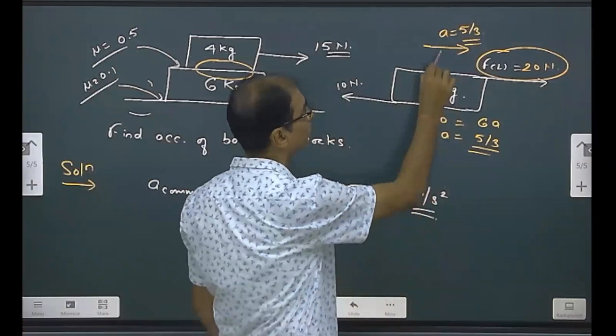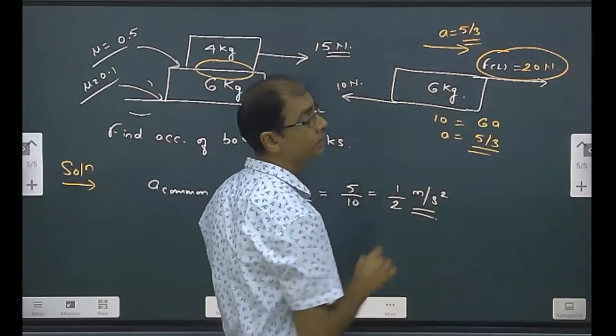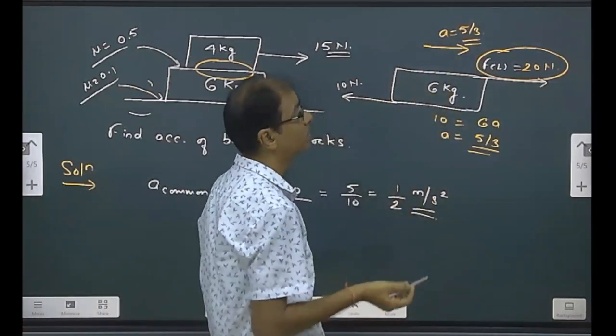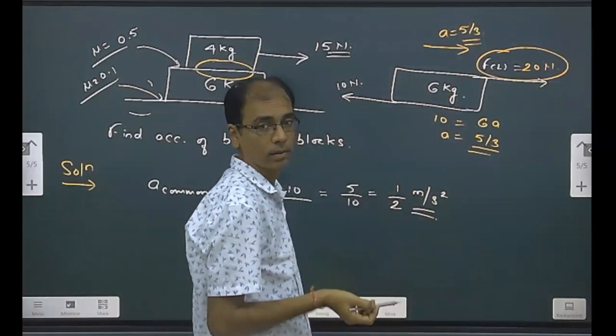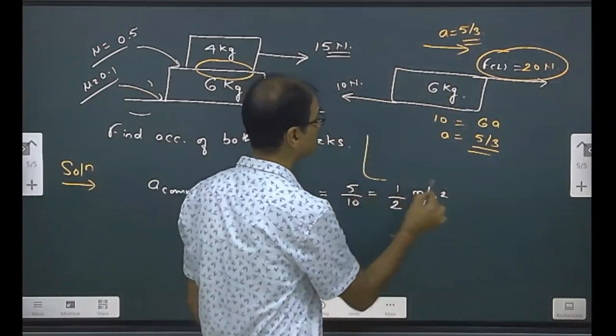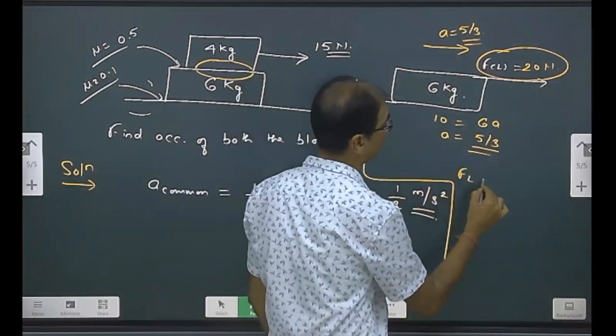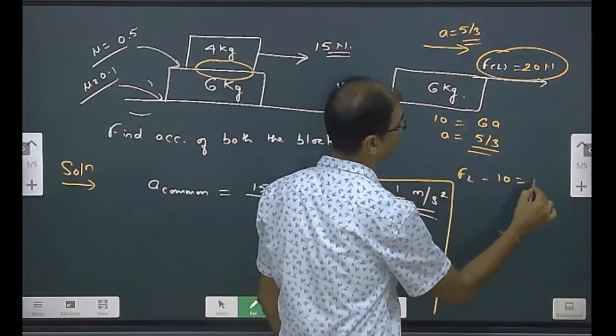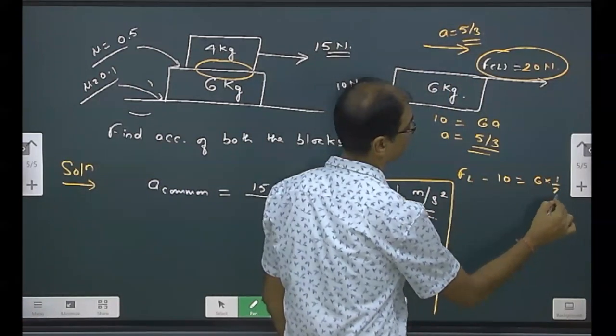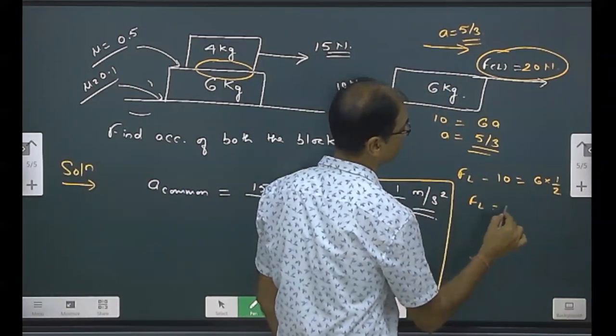Right? We wanted it to move with half meter per second square. So for half meter, how much FL was required? Just you can check. FL minus 10 equal to 6 into 1 by 2. That means FL required was just 13.